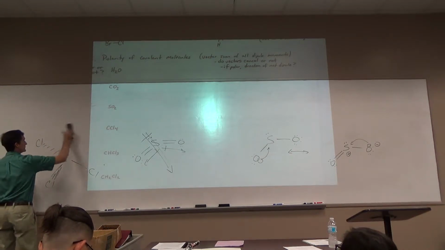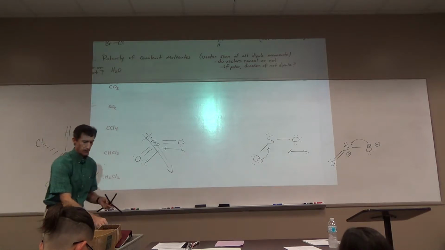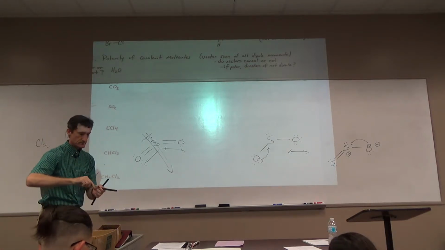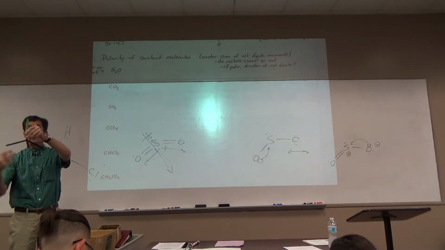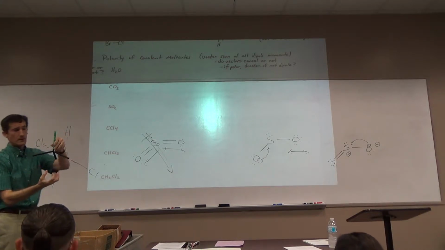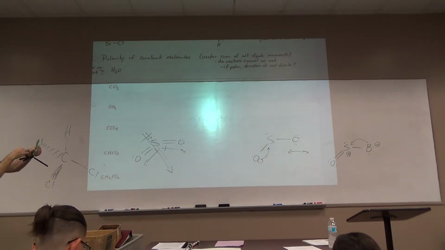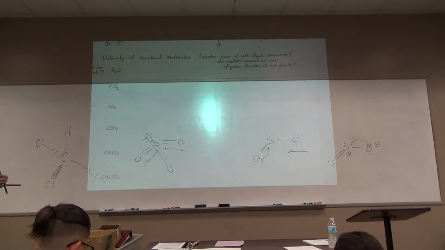So basically, I'm just going to erase this here, put an H. Okay? What do you expect here? H, 3 chlorines pulling straight down. Is the H going to cancel it? No. And so you're going to have a dipole. By the way, the CH is considered nonpolar. CH, always just nonpolar.